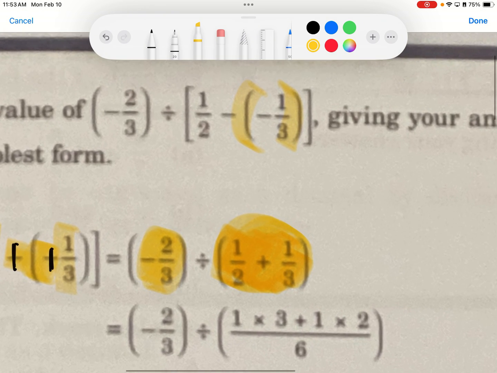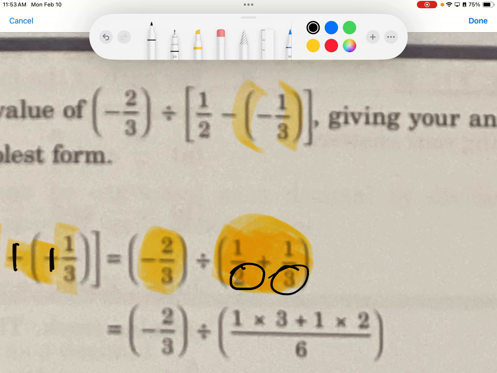Okay, how do we get these to be the same? Well, 6 is the least common multiple. So what do we do to 2 to get to 6? We multiply by 3. So we do 1 times 3 over 6 plus 1 times 2 over 6, because the 3 we multiply by 2.